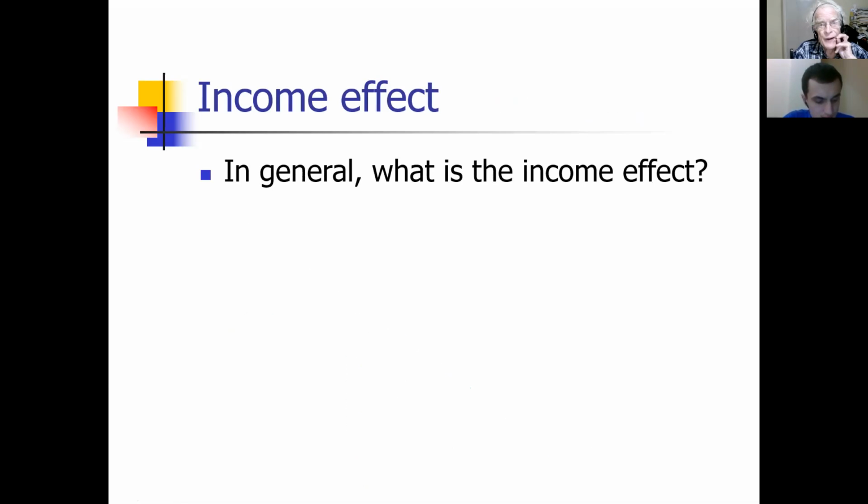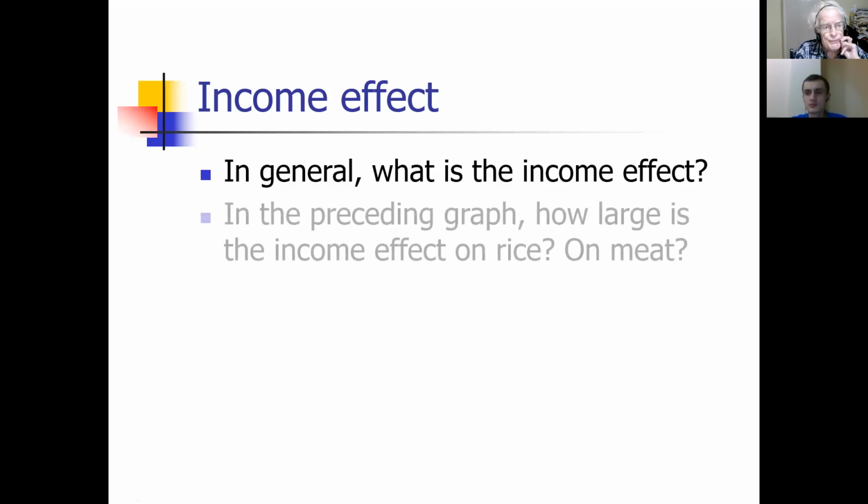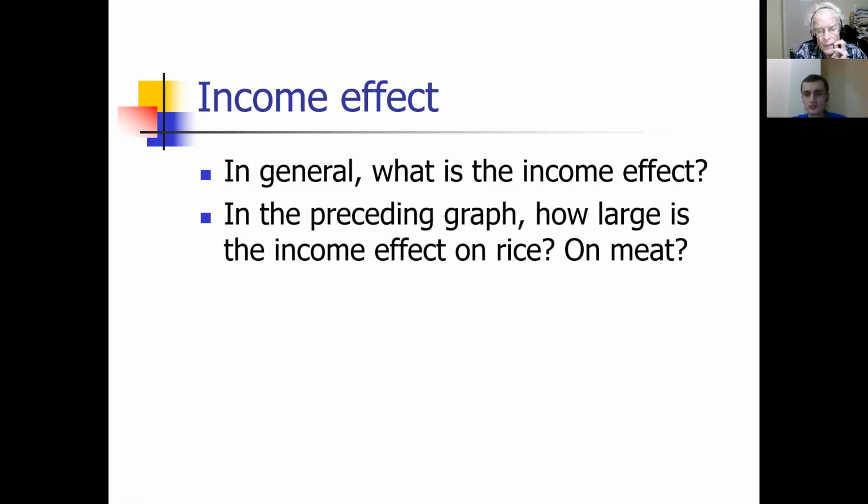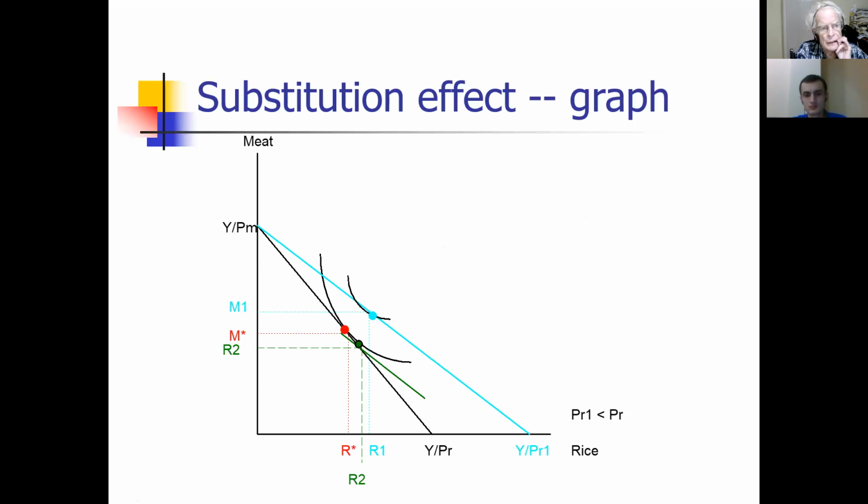The other component of the price impact is the income effect. And how can we show that in the graph? Well, let's see. Notice that the green budget constraint has the same slope as the blue budget constraint.